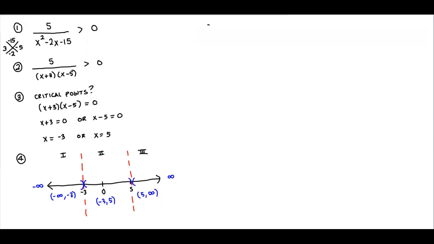Okay, so now in step number 5, we're going to take testing points from each region. If we take a look at region number 1, a number to the left of negative 3 is going to be negative 4. So let's choose x to be negative 4. We can either pick the first inequality expression or the second one. I'm going to pick the second one: 5 divided by x plus 3 times x minus 5, set greater than 0.